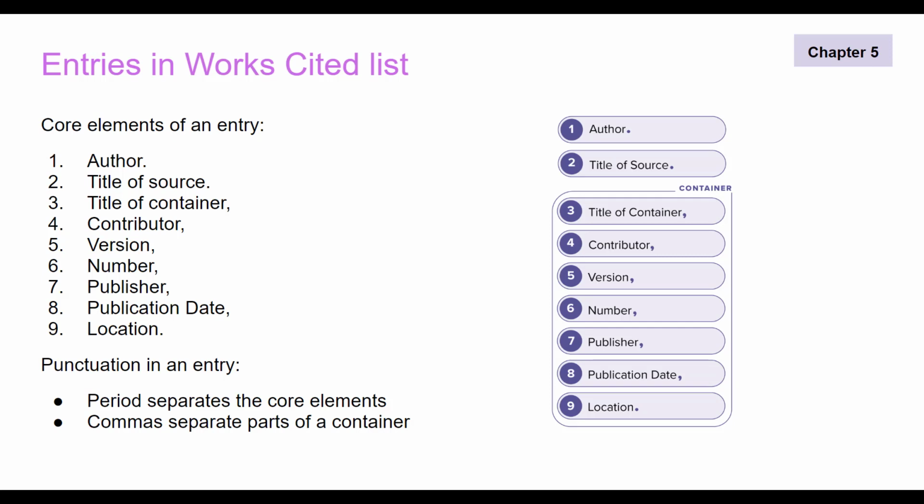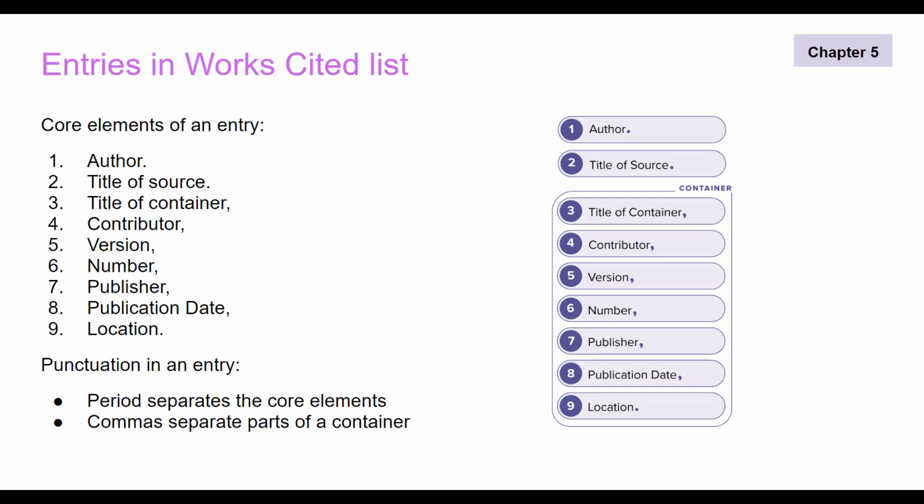The punctuation in MLA is pretty simple and actually pretty similar to APA, which we did a webinar on a little bit earlier this week. Periods are going to put a stop behind those core elements or areas of that entry. So author, period, title of source, period, and then you have a period at the end of the container.